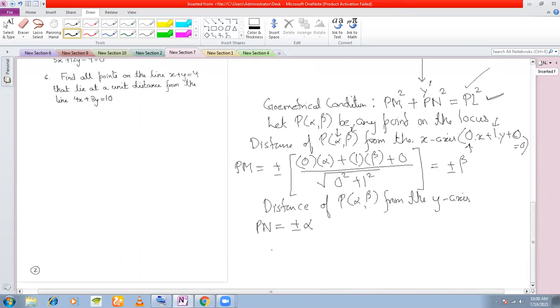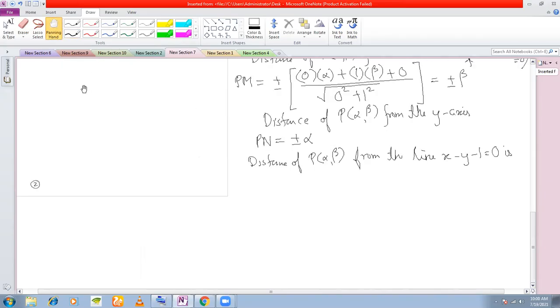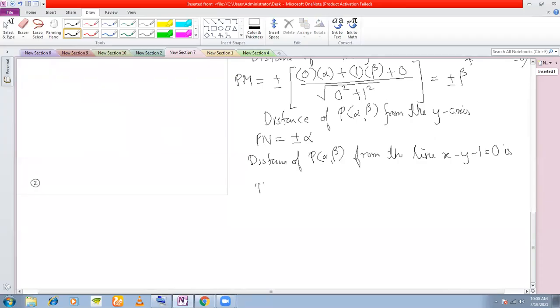Right? So the distance of P(alpha, beta) from the line x minus y minus 1 equal to 0, this PL, is equal to plus or minus (A x1 plus B y1 plus C) divided by the root of A square plus B square.